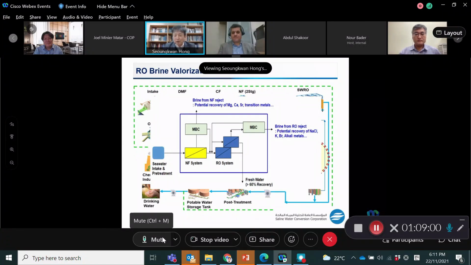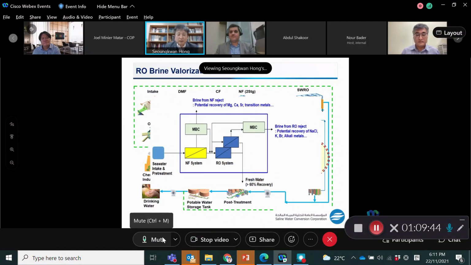This conference is for materials. So we need certain material which can withstand this ultra high pressure, more than 200 bar. And if we don't have some breakthrough regarding ultra high pressure membrane or the FO membrane, we may not be able to achieve this out of brine valorization in commercial sectors. And that is my opinion.